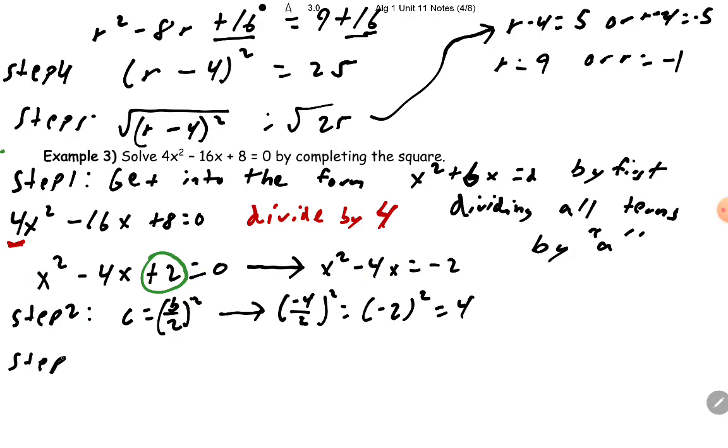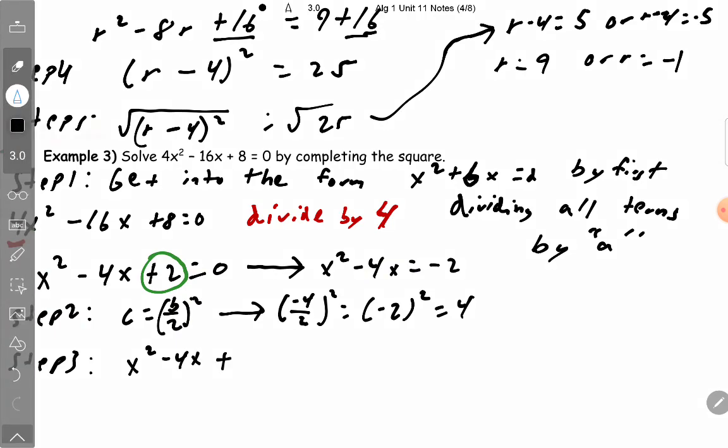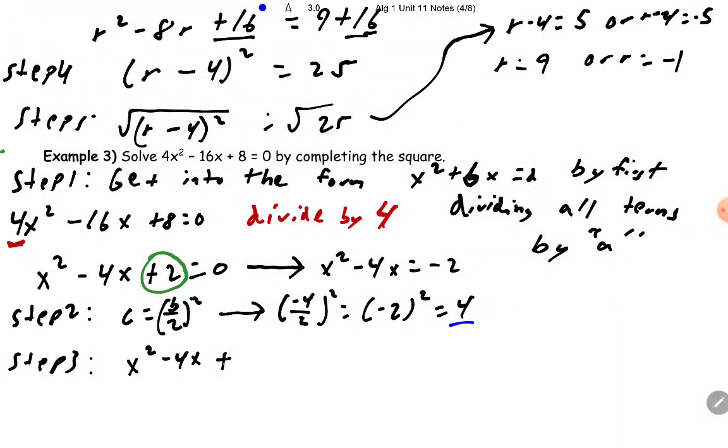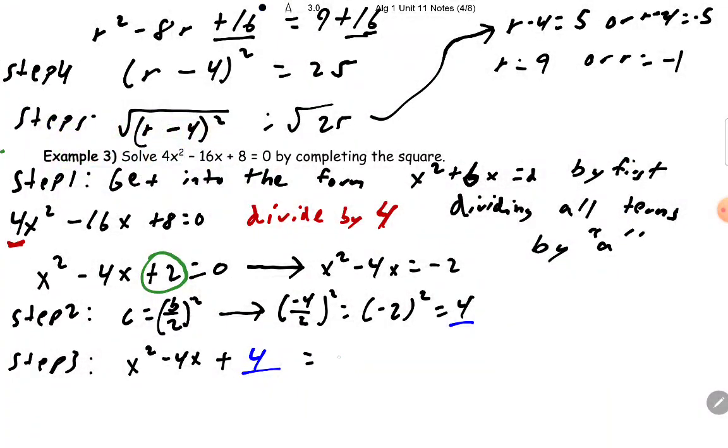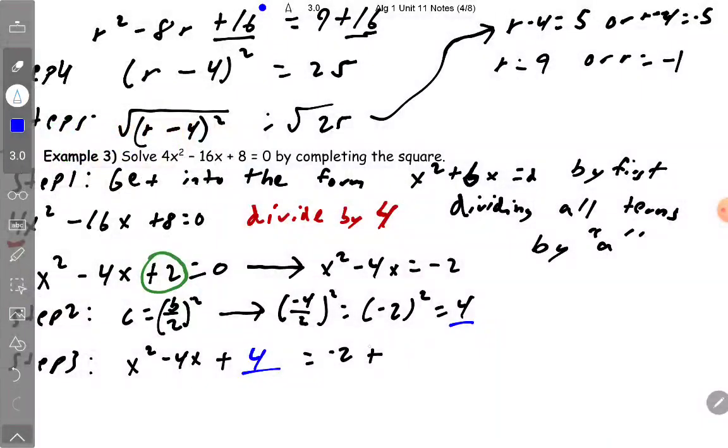Step 3, we're going to add c to both sides. So I have x squared minus 4x plus 4 equals negative 2 plus 4.